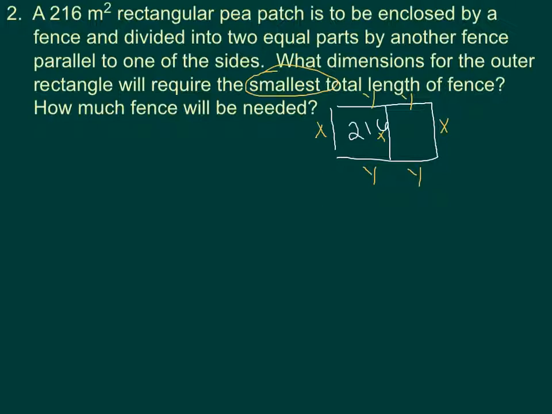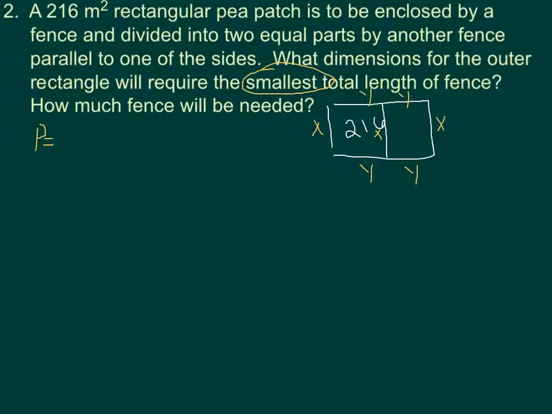Okay, so the perimeter of this fence, which is what I want to minimize, is going to be 3 X's plus 4 Y's.